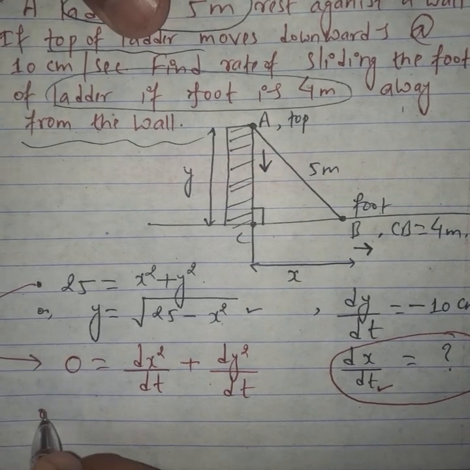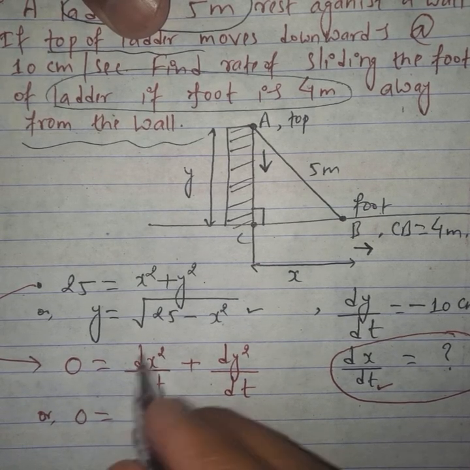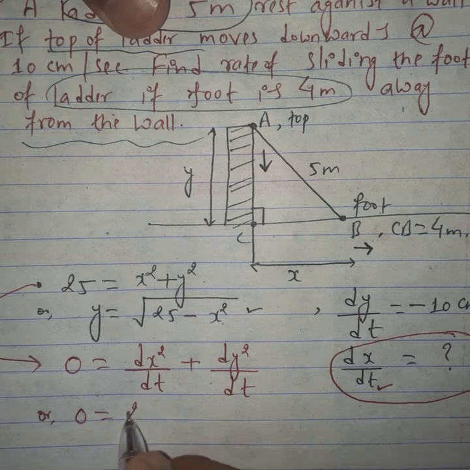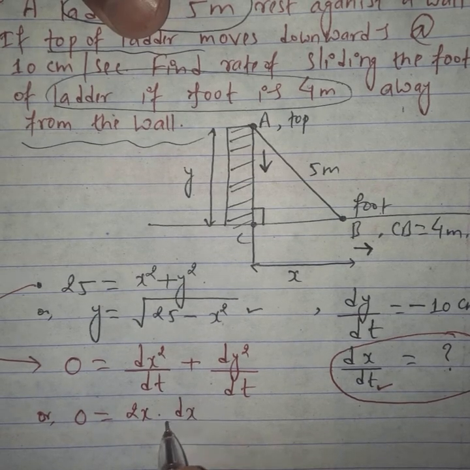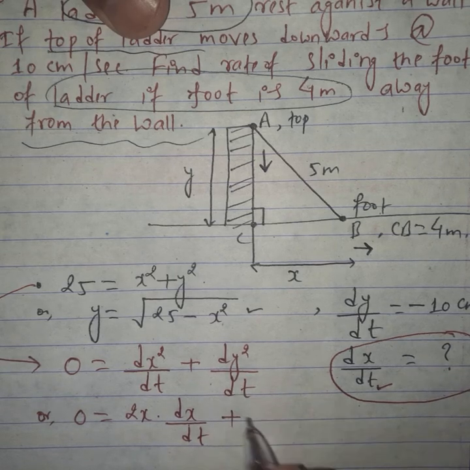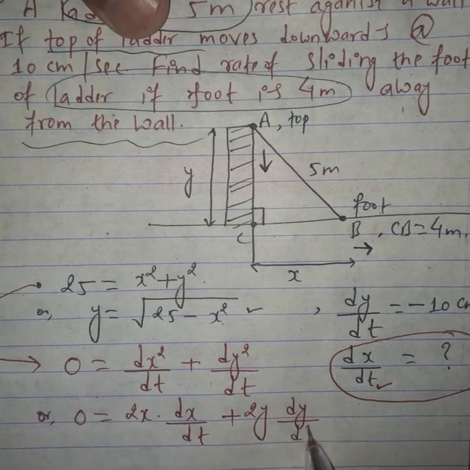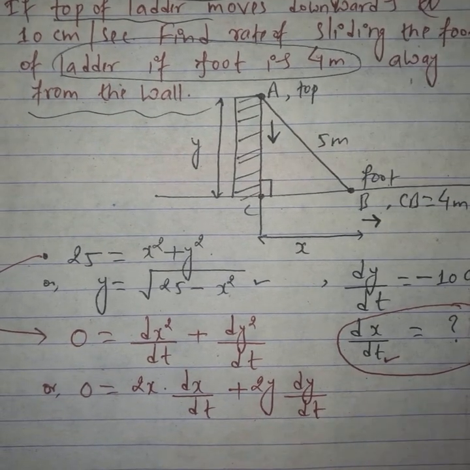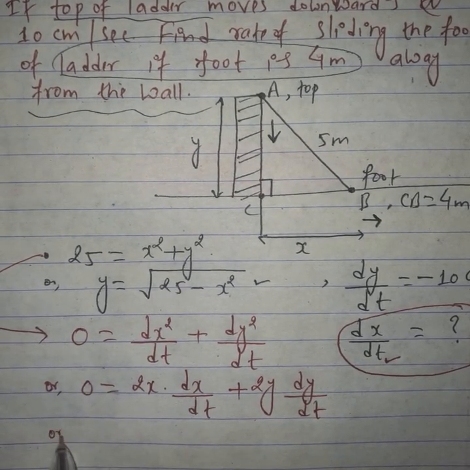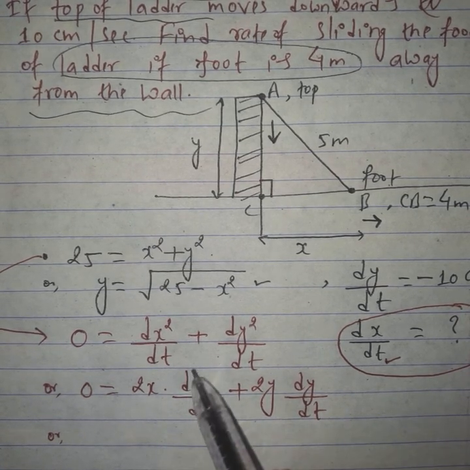Let's simplify this differential equation. Here 0 is equal to, using the chain rule, 2x times dx over dt, plus, by the same chain rule, 2y dy over dt. Our target is to find dx over dt.